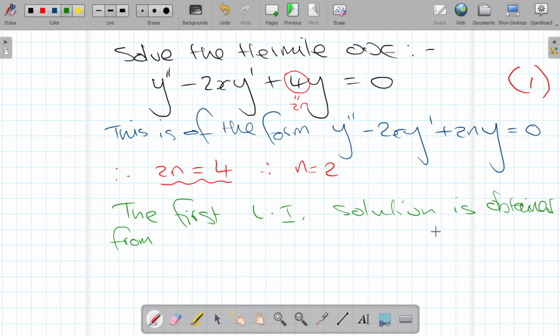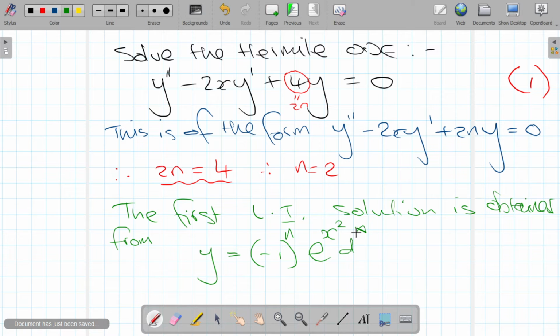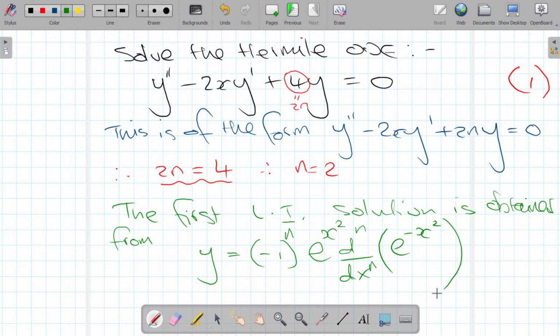So the first linearly independent solution is obtained from the formula y equals minus 1 to the n, e to the x squared, times the nth derivative of e to the minus x squared. So that's how we find our first linearly independent solution.